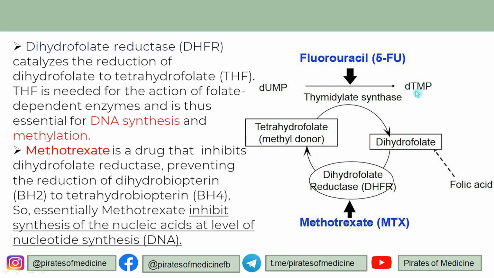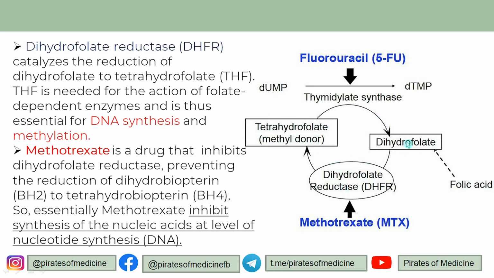Now after donating, it gets converted into dihydrofolate and it cannot be used. For it to be a methyl donor again, dihydrofolate reductase takes folic acid and adds it into the dihydrofolate and forms another tetrahydrofolate so that it can donate a methyl group again. But if this enzyme is inhibited, which is seen by the action of methotrexate, this whole process cannot occur because there would be a scarcity of tetrahydrofolate, and more dihydrofolate will be found in the blood.